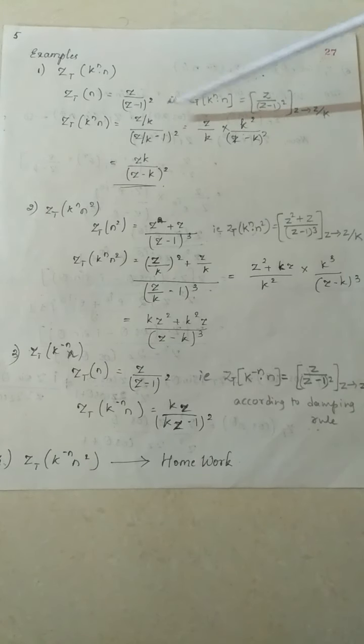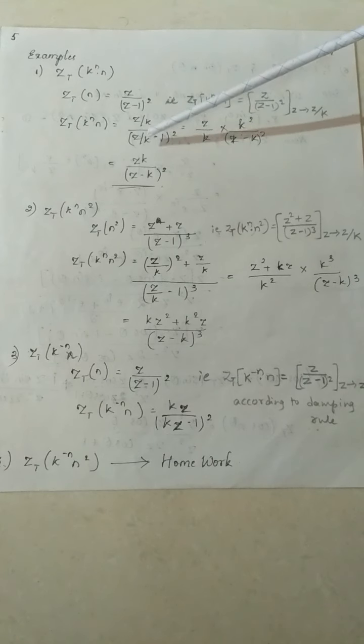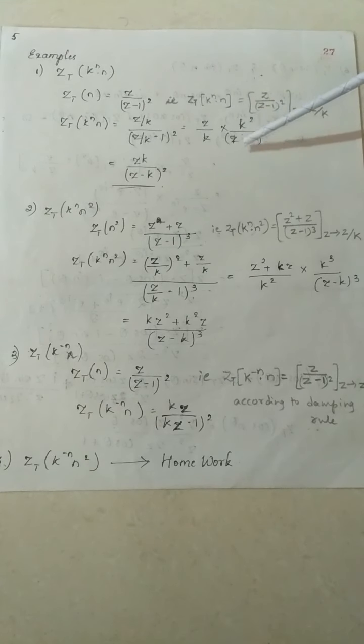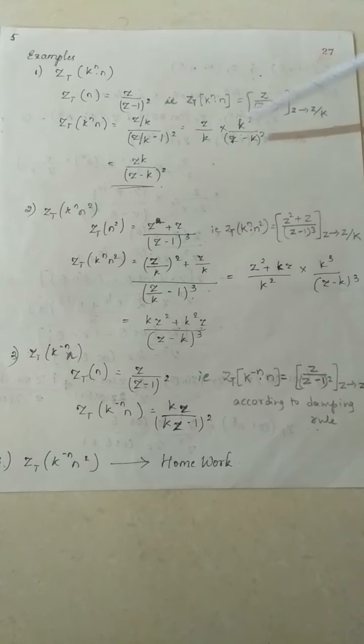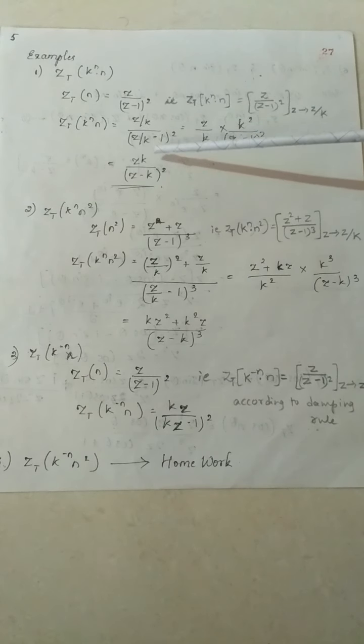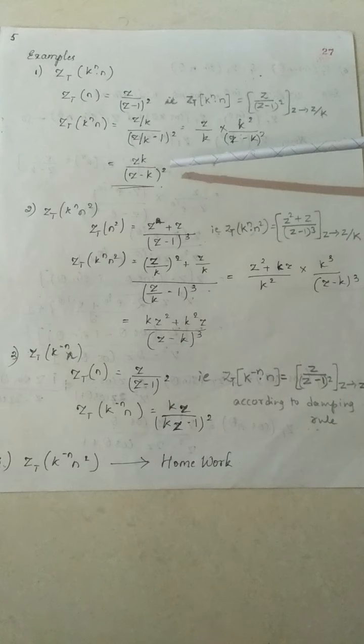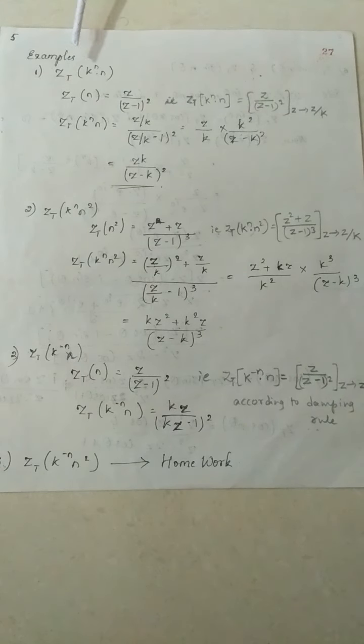Now z by k as it is you write, into simplify this, k square upon z by k, z minus k whole the square. Take LCM and simplify, and when you simplify this you get zk upon z minus k whole the square. So z transform of k to the power n into n, we get it as zk upon z minus k whole the square.